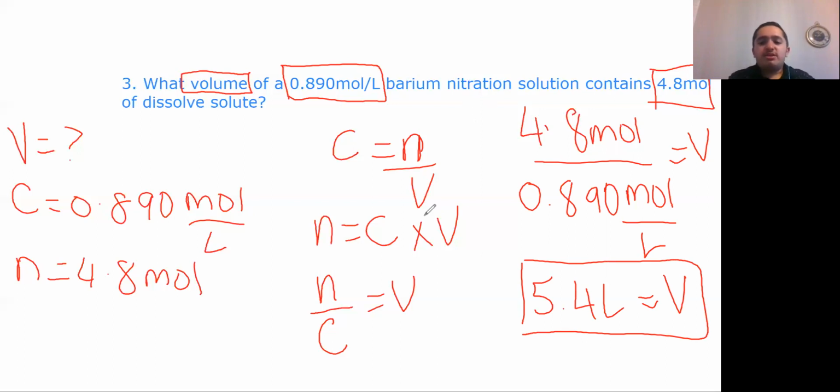So you might have learned in this concept that there are different ways of rearranging one formula, and that was C is equal to N over V. Let me put this question for you as a bonus. You can try that, and I'll leave the answer in the description below, and you can verify if it's correct.